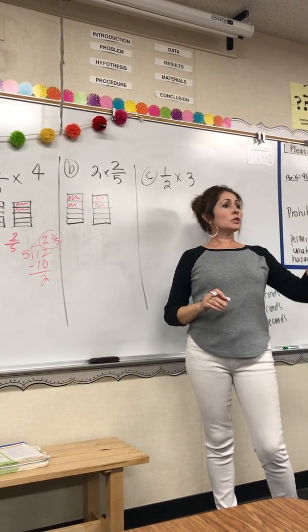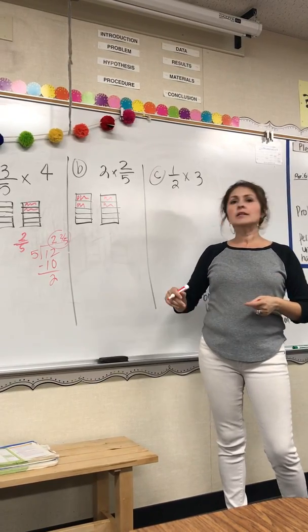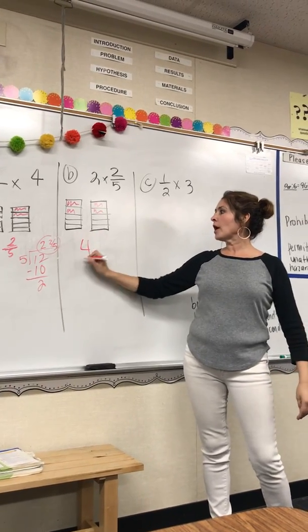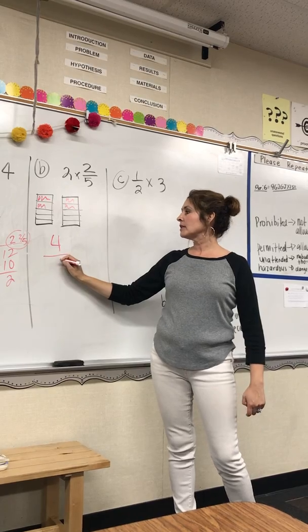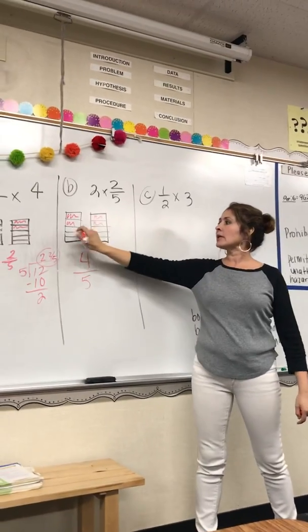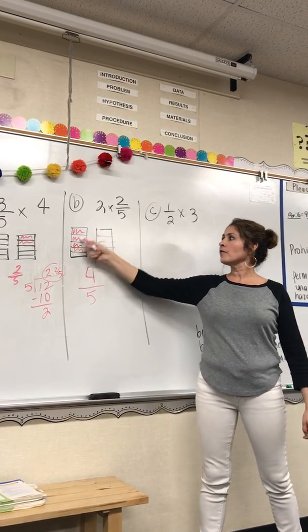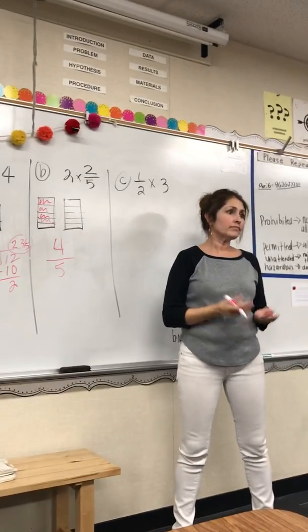Can you tell your neighbor what was your final answer? I heard it. Say it louder. 4/5. Excellent. You shaded 4 because that's all you're going to get to eat out of 5. 4 out of 5 total pieces is what I'm going to eat, right?